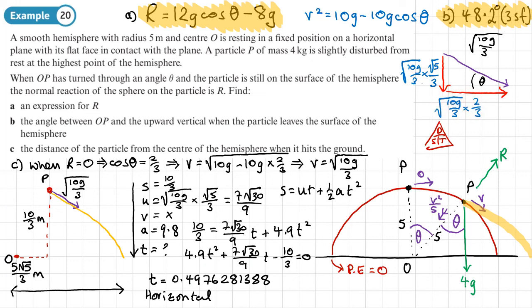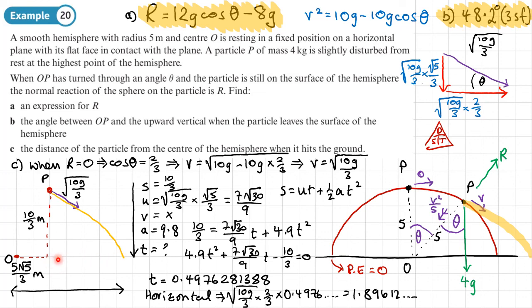So that horizontal distance will be the square root of 10g over 3 times by 2/3, that's the horizontal speed, times by this time, 0.4976, and that gives me 1.89612 and so on. So that's this distance here.